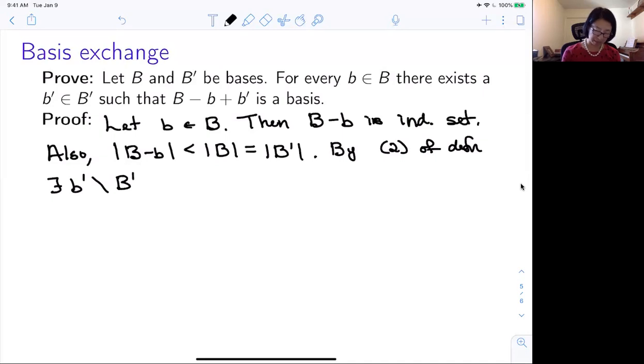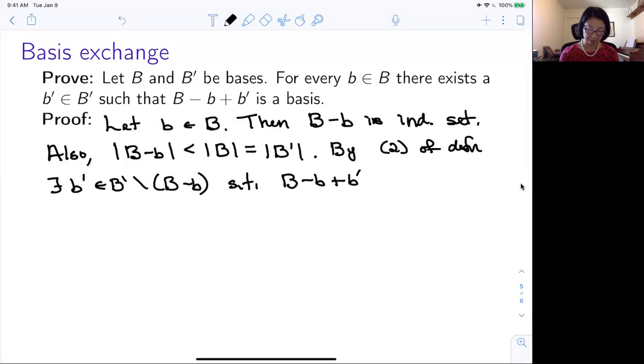Oops, I keep doing that, huh? It's in B prime, take away B minus b, such that B minus b plus b prime is independent.